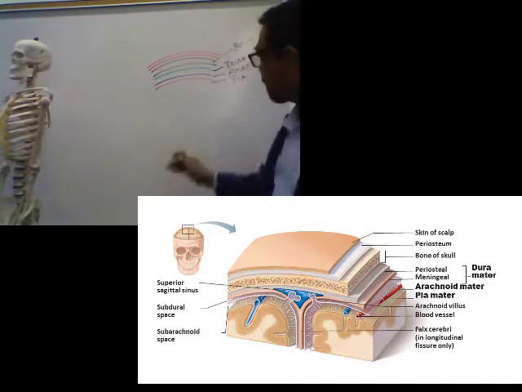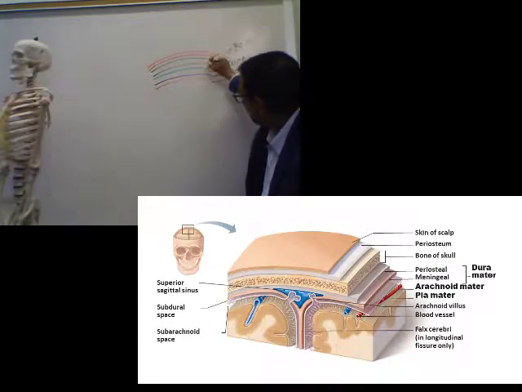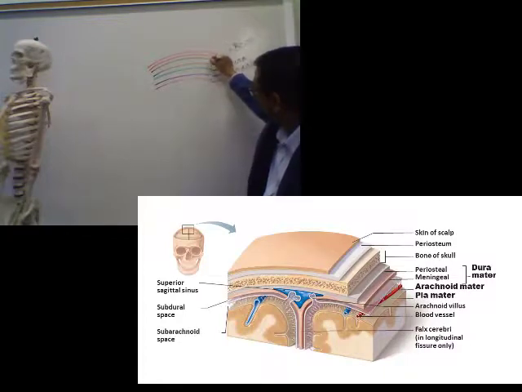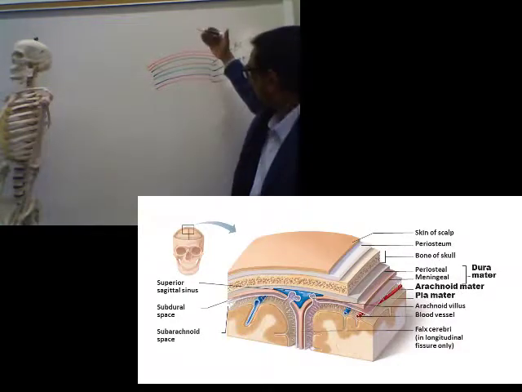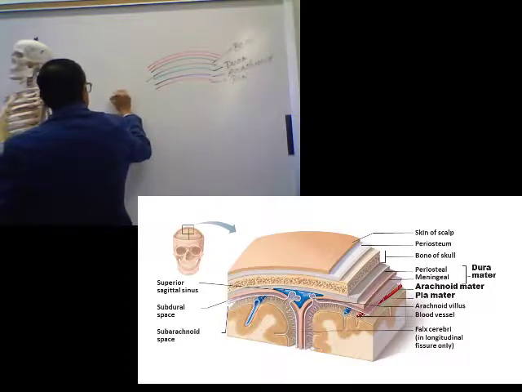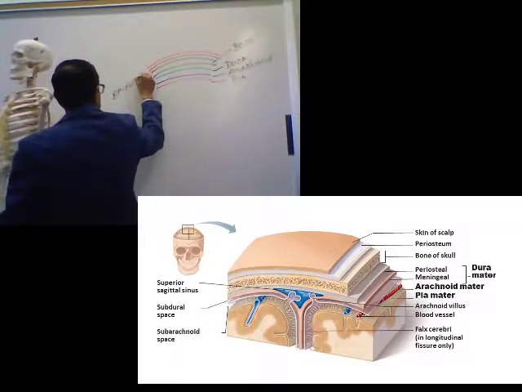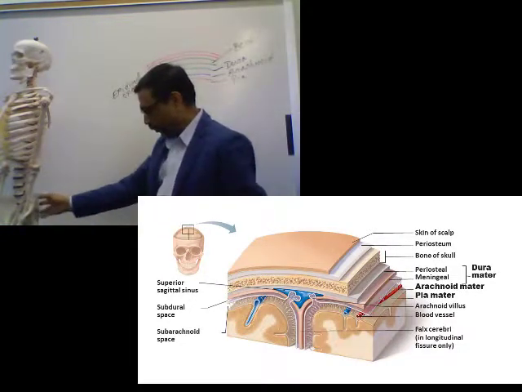Now, you see the spaces between the bone and dura. There is one space. This space above the dura mater is called the epidural space.